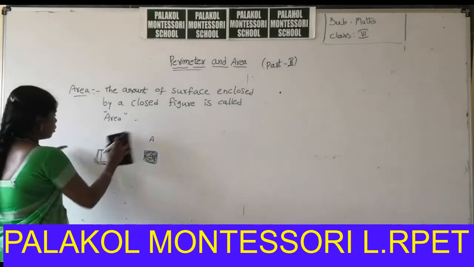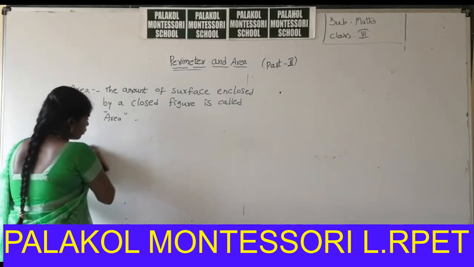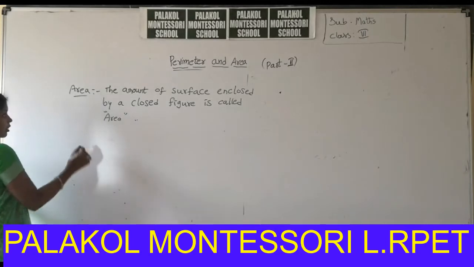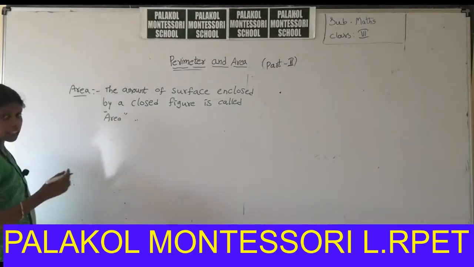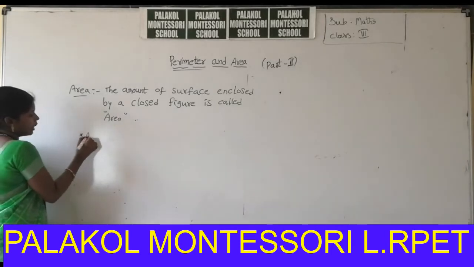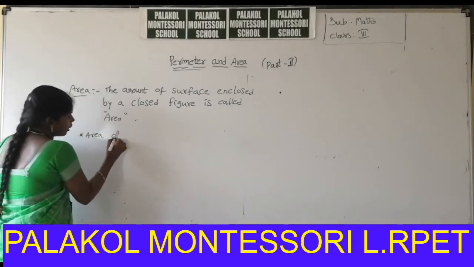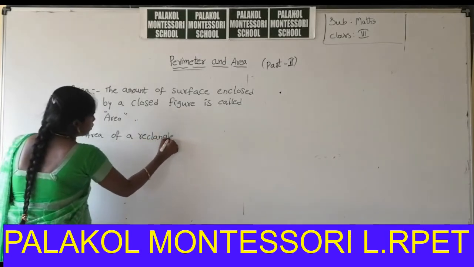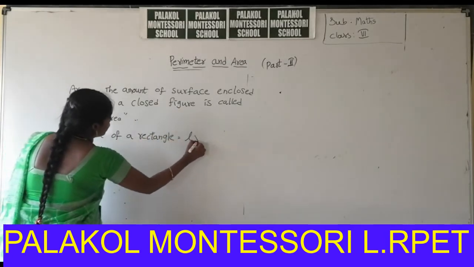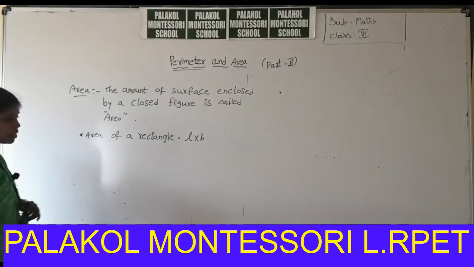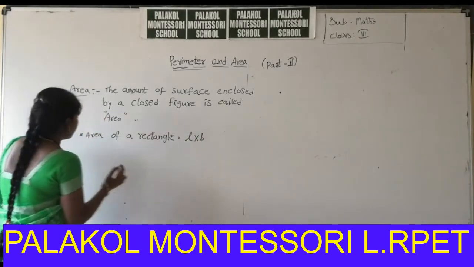So in area two formulas are there. In your 6th class only these two formulas were discussed. In the next classes, so many formulas are there. First one, area of a rectangle is equal to length into breadth, where L means length and B means breadth.